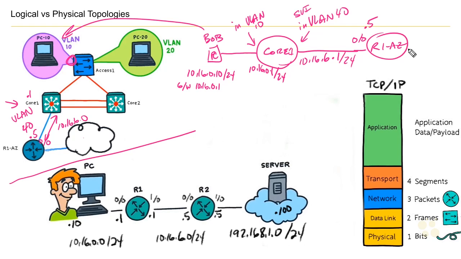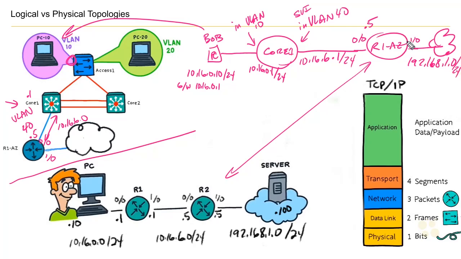And then on the other side of this router, so R1AZ is playing the role of R2 in our earlier topology, on the other side, we have the 192.168.1.0 network with the 24-bit mask. And in this topology, that interface is 1/0. So on router 1, it's interface 1/0 that goes out to that 192.168.1 network, and the IP address we're using on that interface is .5.